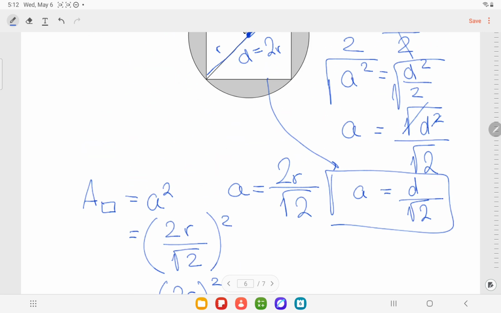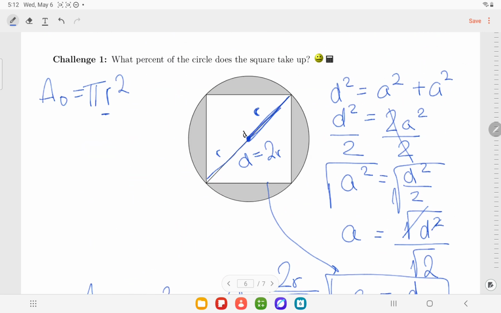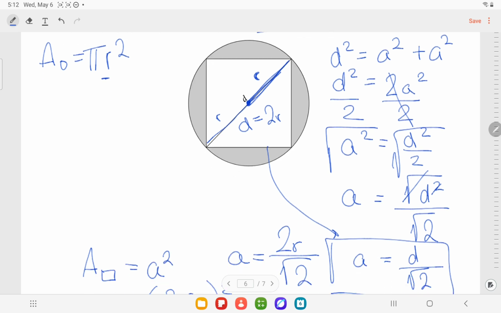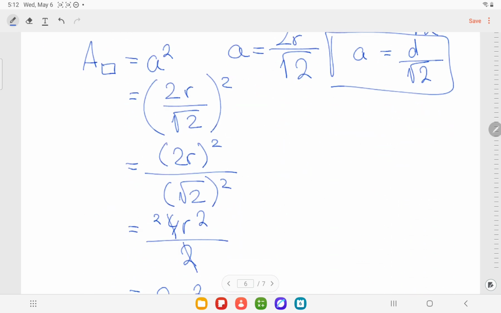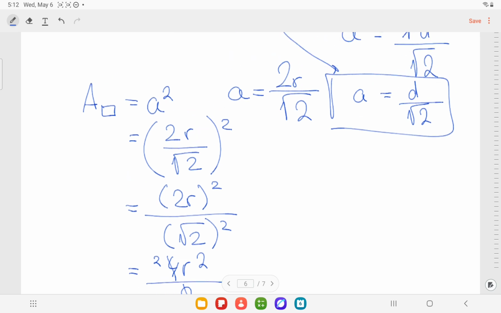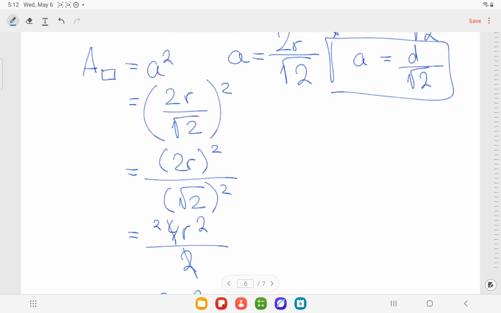Now the question asks us to find the percent of the circle that the square takes up. So to do that, we need the area of the square and the area of the circle, which we have. And so the percentage is going to be the ratio of the area of the square over the area of the circle, because this is going to be smaller.